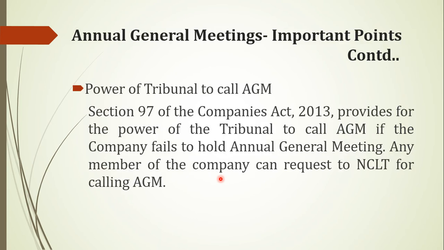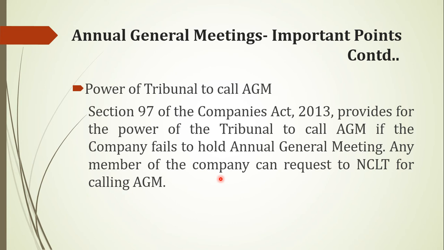So here it says that section 97 of the Act deals with the power of tribunal to call an annual general meeting. Section 97 of the Companies Act provides for the power of the tribunal to call an AGM if the company fails to hold it.